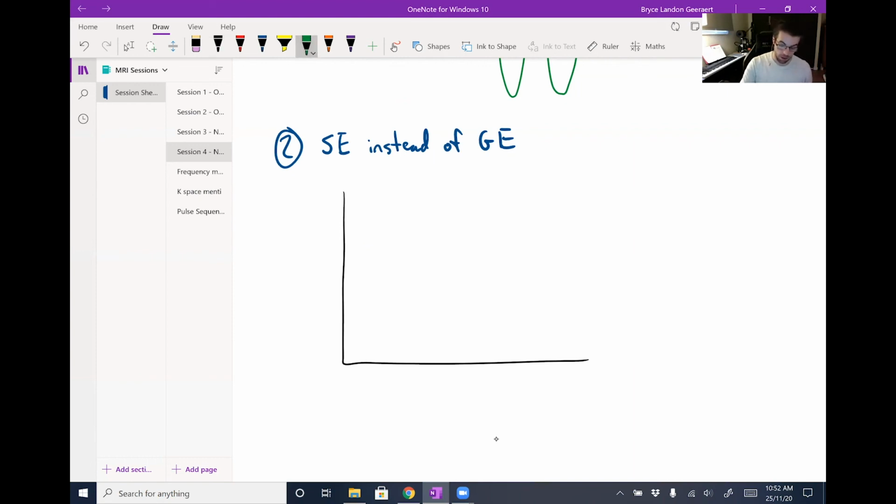So if we consider our T2 star curve, which I'm drawing in green here, and our T2 curve, which I've drawn in orange, gradient echo generally is sensitive to T2 star effects, right?